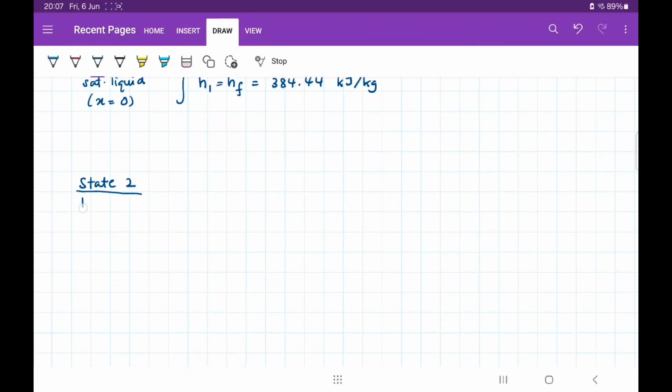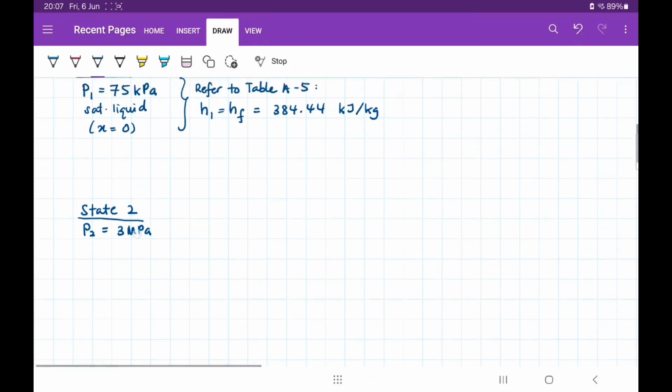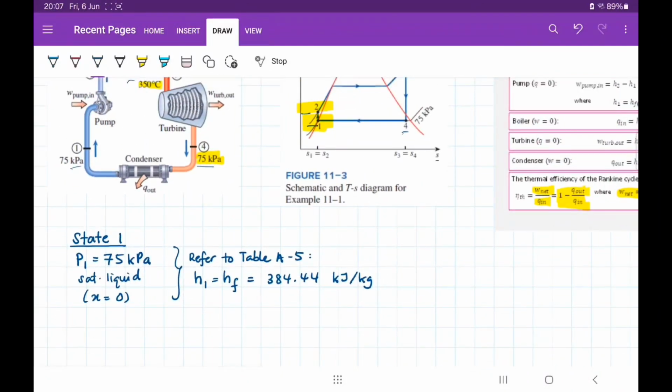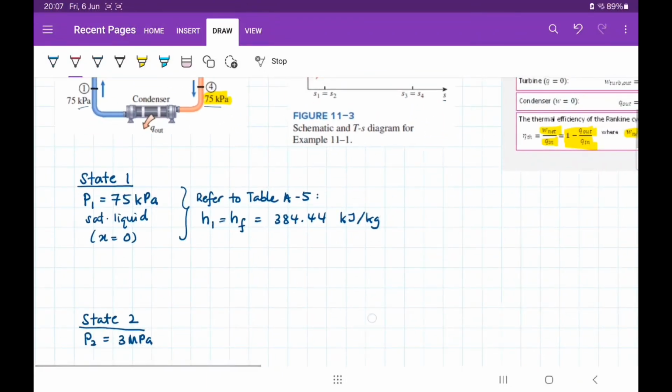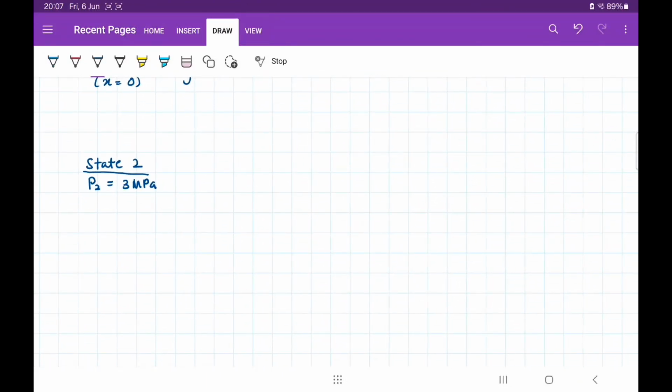So P2 equals 3 megapascal, a compressed liquid, and we also know that going from point 1 to point 2, the process is isentropic compression, right?